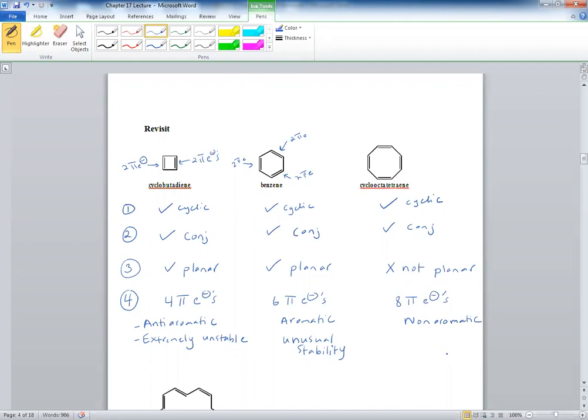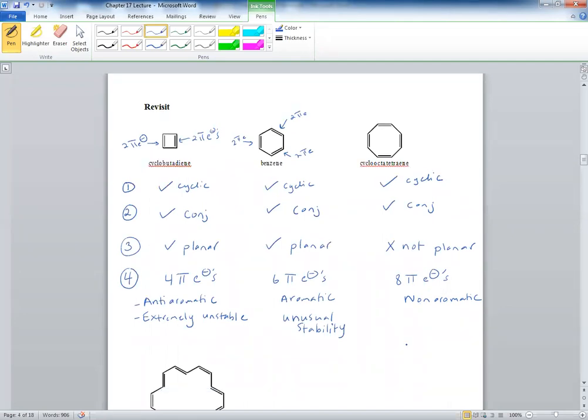It's neither aromatic nor anti-aromatic. And it turns out to be in the middle in terms of stability, between aromatic and anti-aromatic.